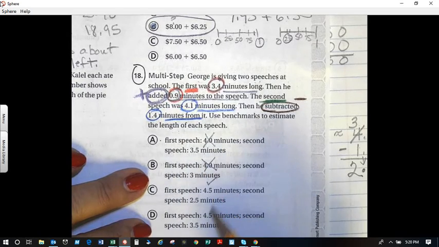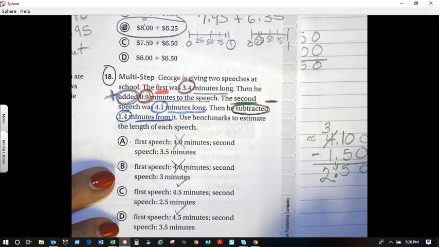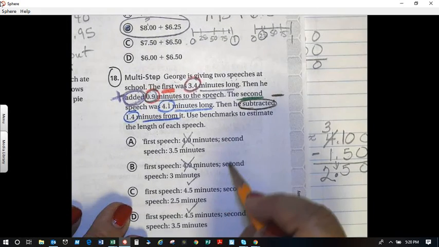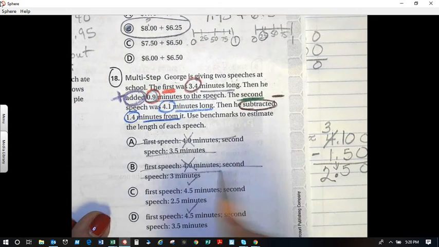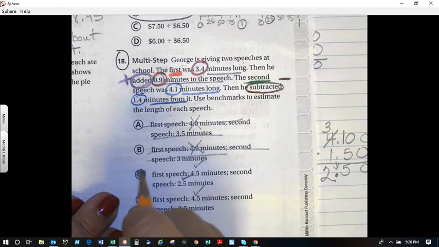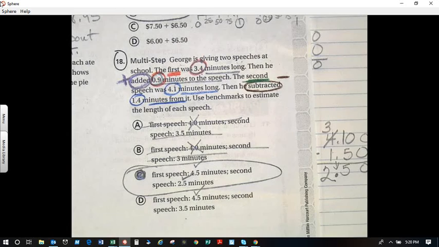This one does, and this one does. Okay? Now, we said the second speech was about 2 5/10. Which one has 2 5/10? Because this is out, and this is out. Okay, 2 5/10 here. This is not, that's 3 5/10. So my answer is C. Does that help understand? But look at the work that we had to go through.